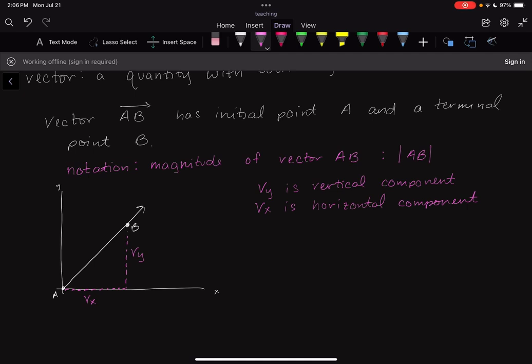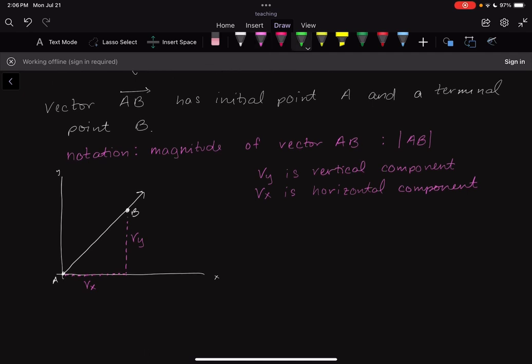I'll write some more stuff for you in a second, but right now I'm just introducing some different things. Another way that we can talk about our vector is based on its angle, which we will call a direction angle.